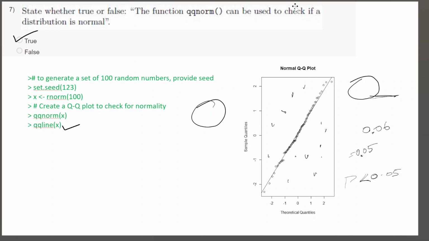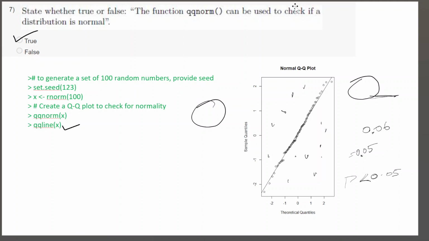Otherwise, if you just use rnorm without setting the seed, it will generate completely random values with no similarity between what I generated and what you generated. But if you set a seed and keep following it, you will be using the same random variables for your analysis.